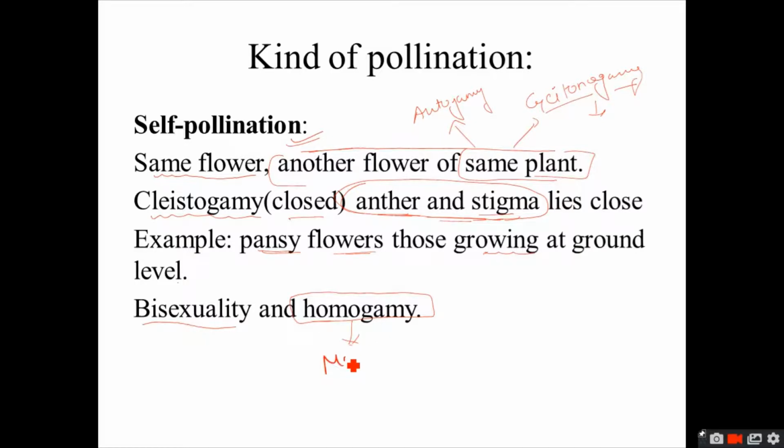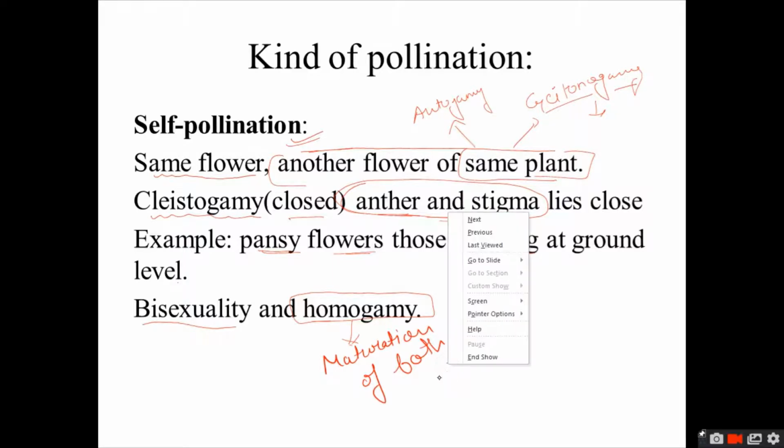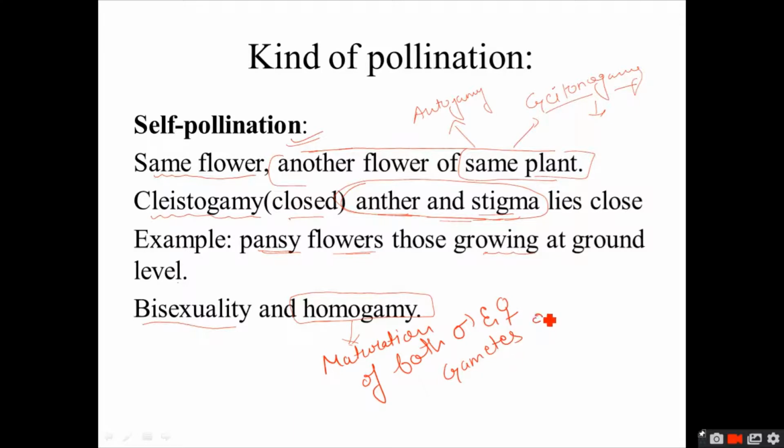It is the maturation of both male and female gametes of a flower at the same time. So this is about self-pollination.